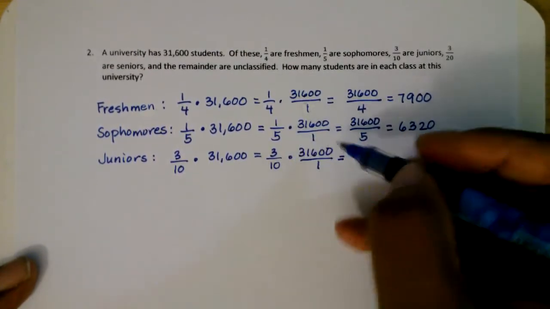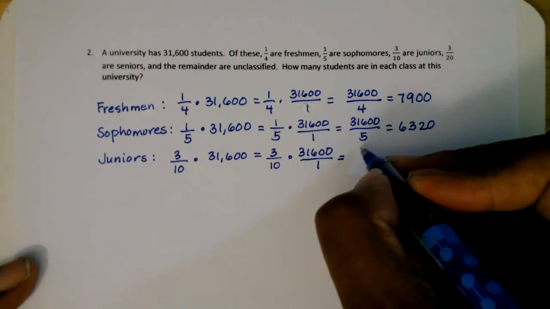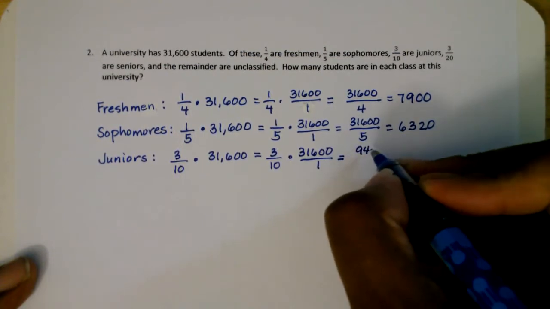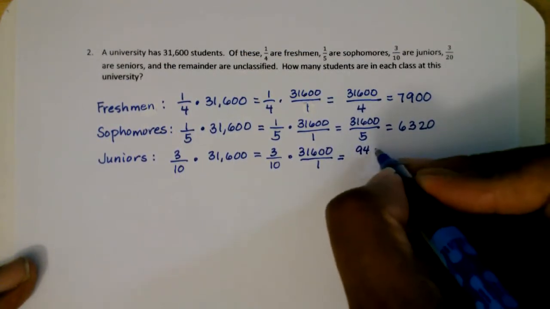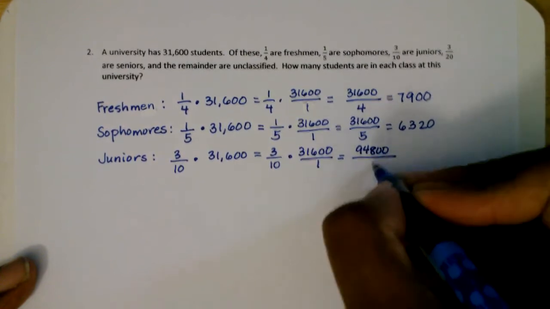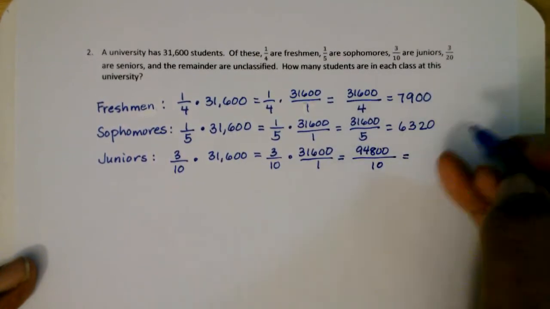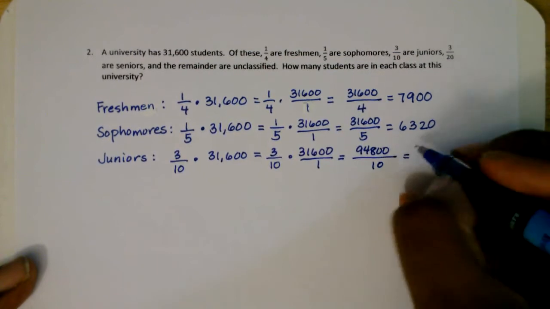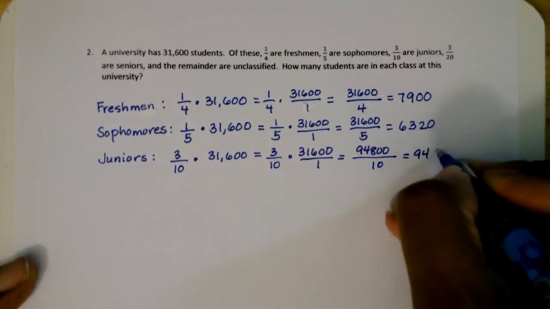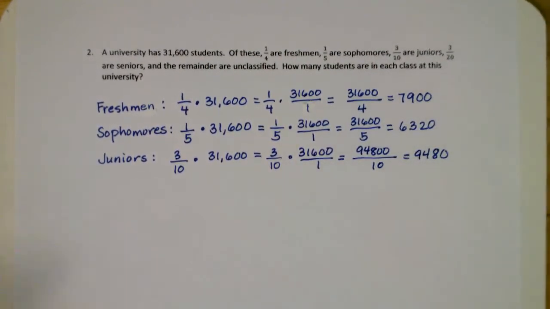Now, if I multiply 3 times 31,600, that would be 94,800 divided by 1 times 10, which is 10. And then 94,800 divided by 10 would be 9,480. So that means there are 9,480 juniors.